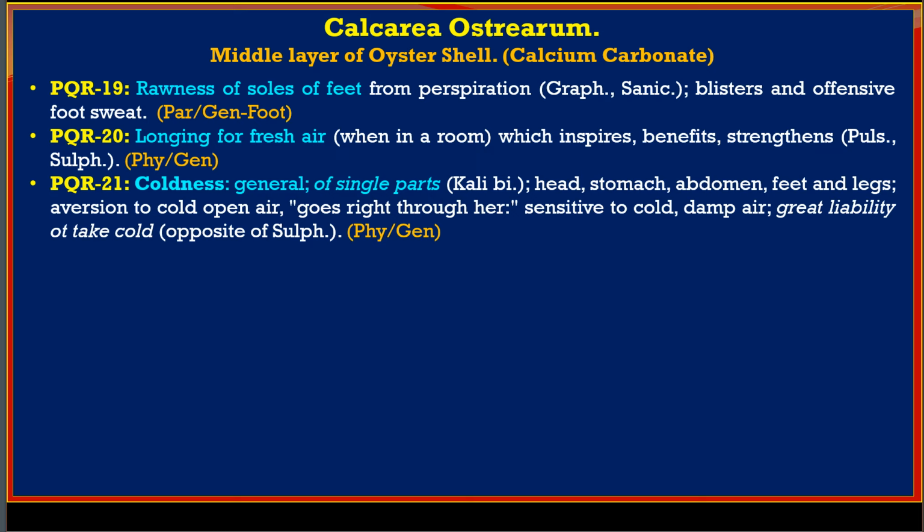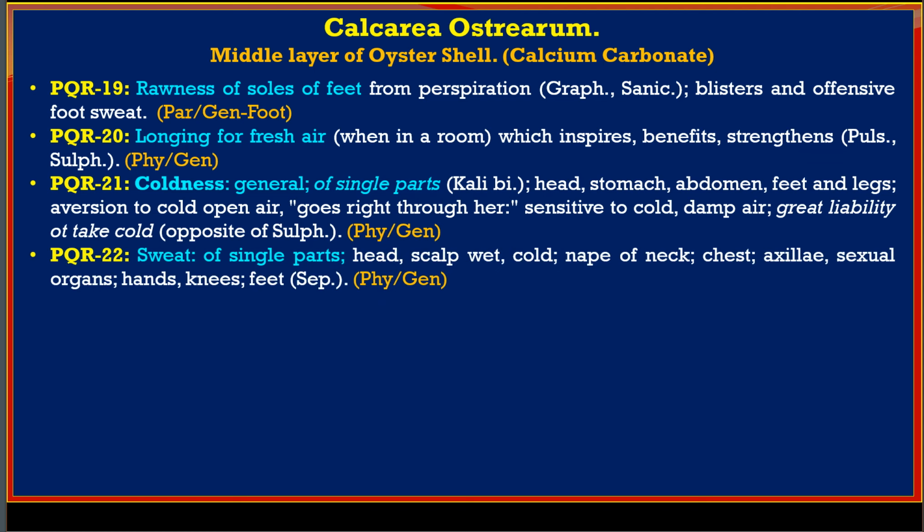Sensitive to cold, damp air, great liability to take cold, opposite of Sulphur. So Sulphur is an important king of antipsoric remedy. Calcarea carb is also an antipsoric remedy. Here it is chilly, Sulphur is hot, and there is coldness in general and single parts, especially with Calcarea carb.